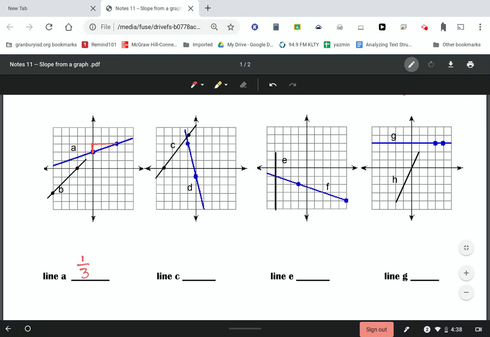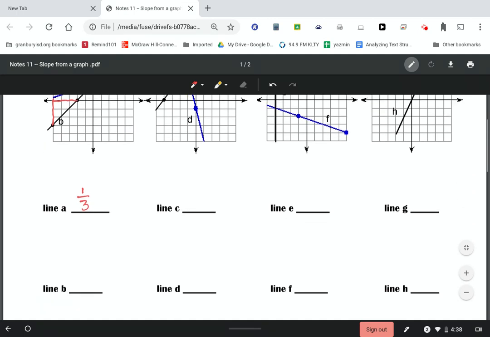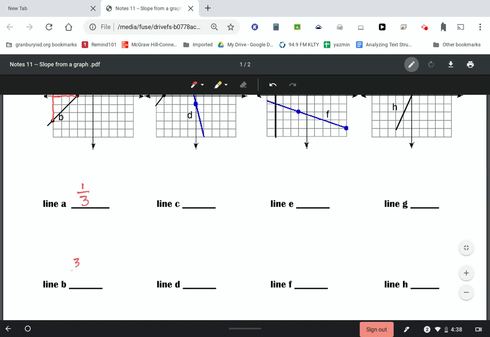Let's look at letter B. So let's say I start at the bottom here and I go up 1, 2, 3, and then I go to the right 1, 2, 3. So I'm going to have 3 divided by 3, which is 1 whole.